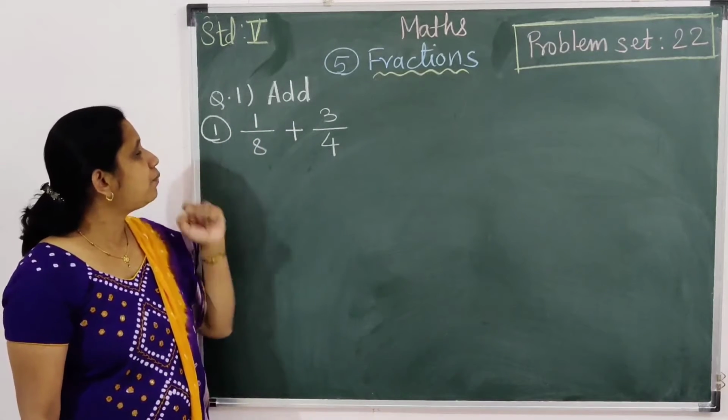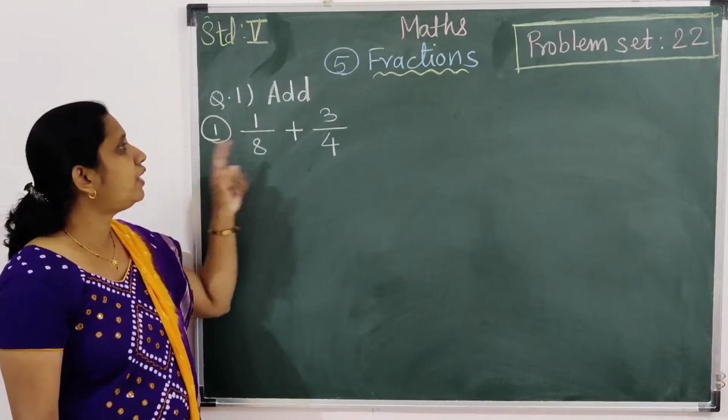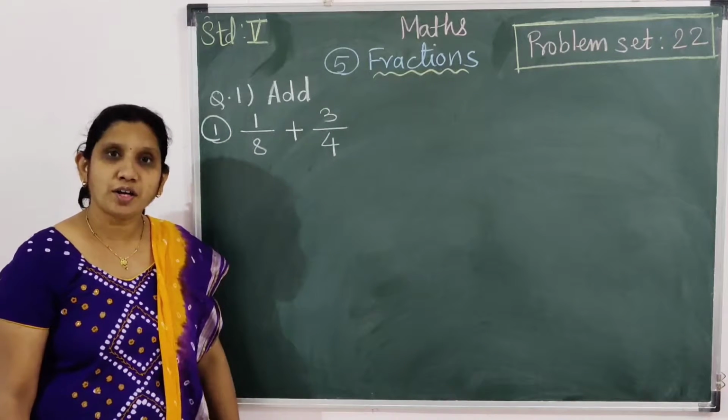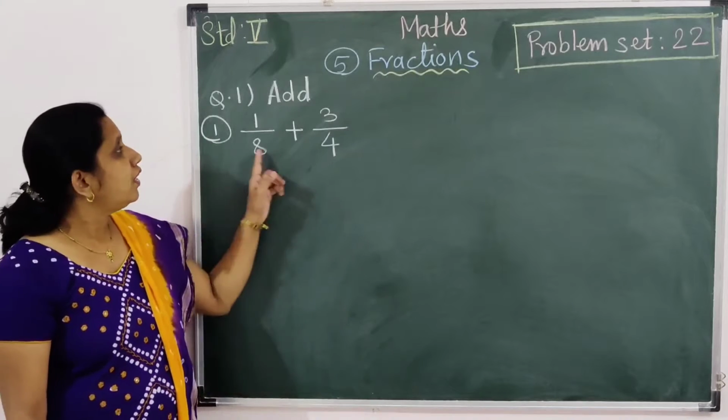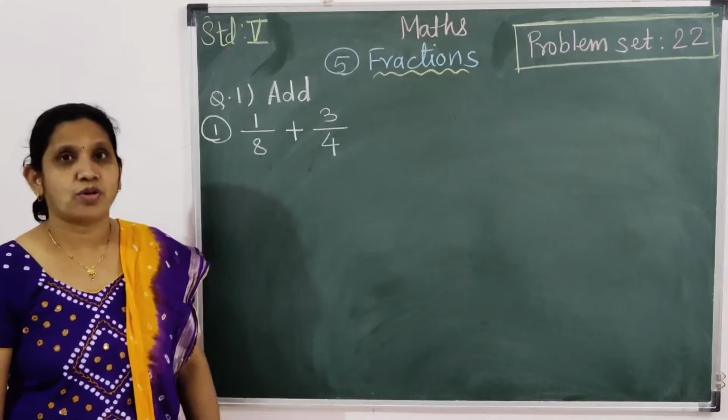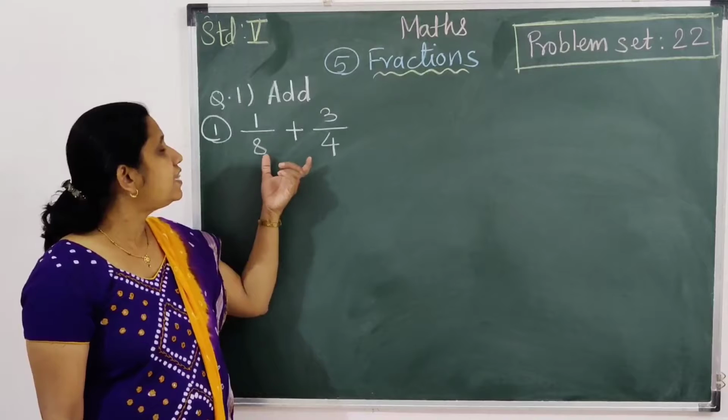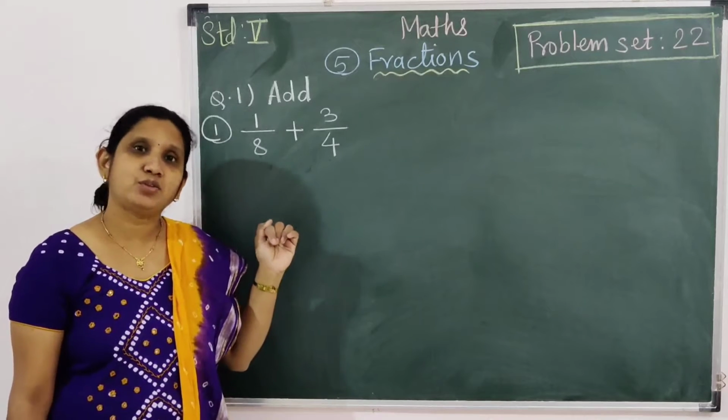The first example is given: 1 upon 8 plus 3 upon 4. Now 8 is twice of 4, so we shall change both the denominators to 8.